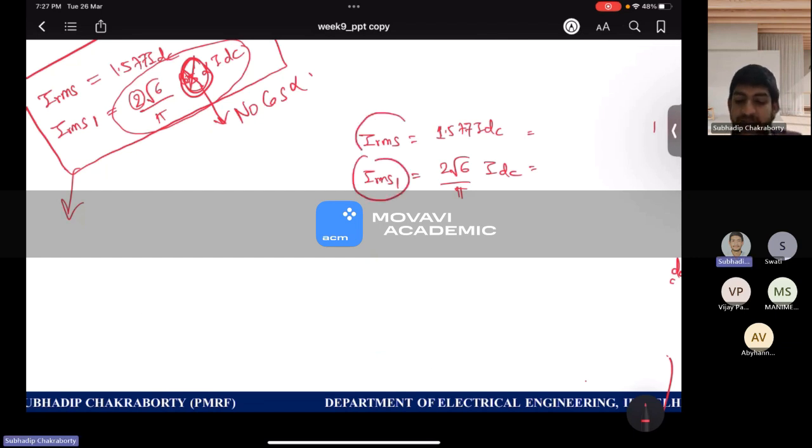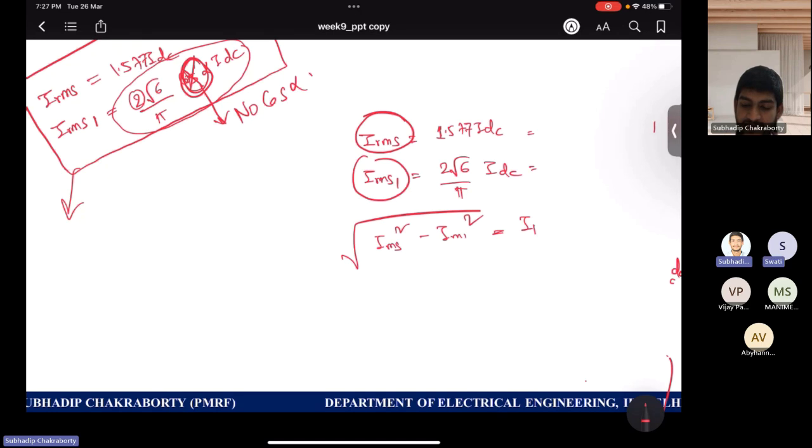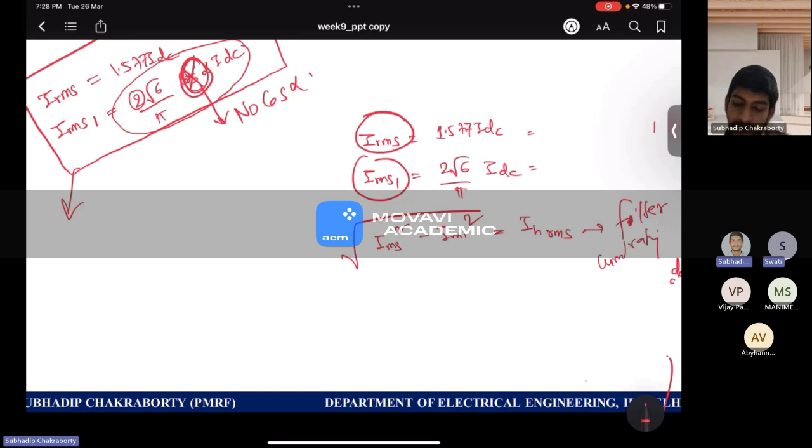Obviously, you understand the remaining will go to the filter. So the square root of IRMS square minus IRMS 1 square is the harmonics. This decides the filter rating. So calculate and tell me the filter rating also. First calculate these two and then calculate this.